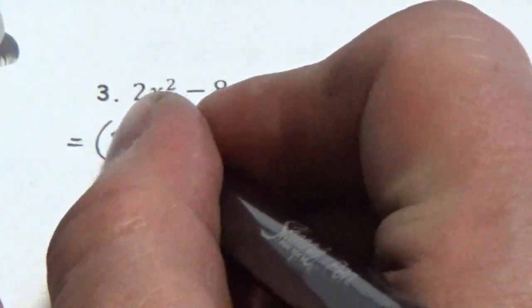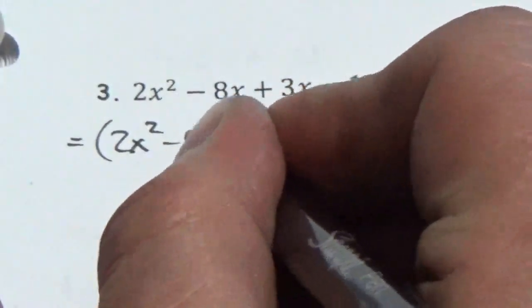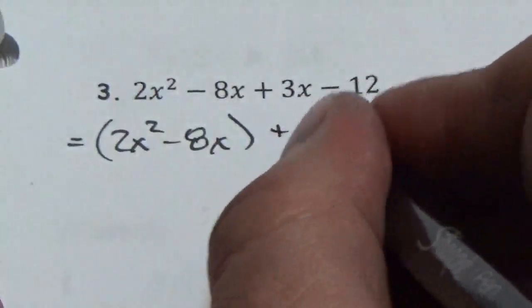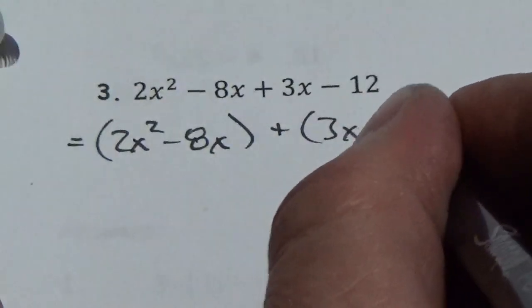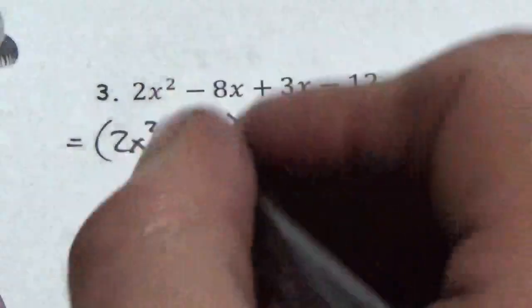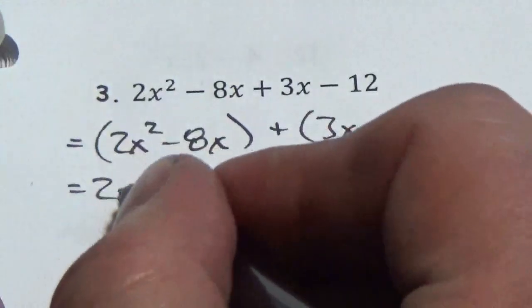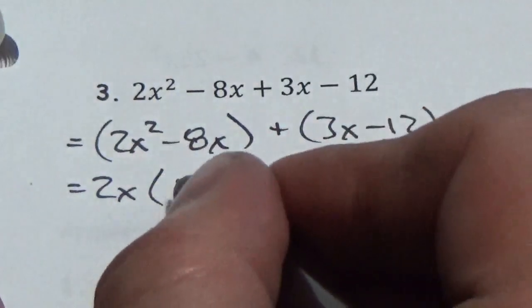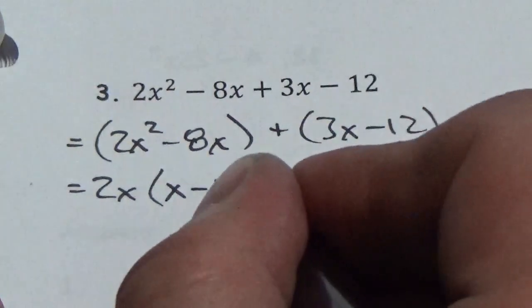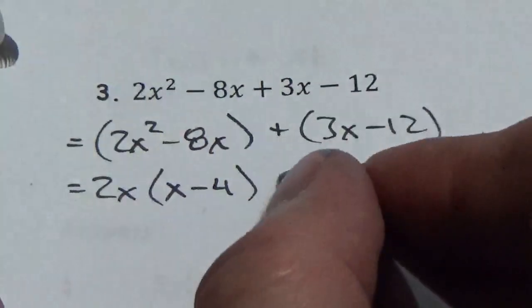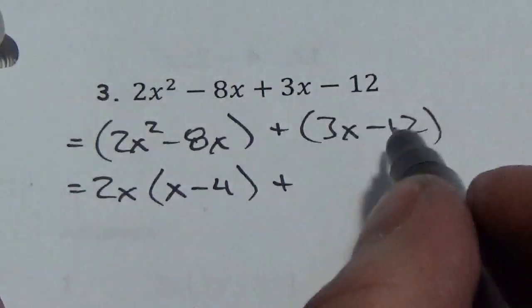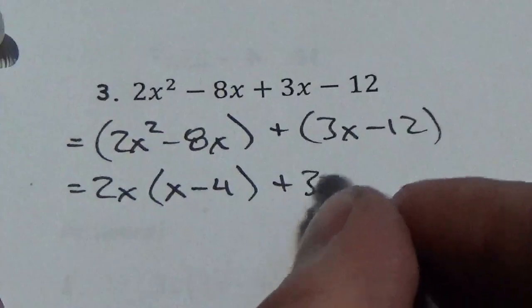You're going to see where having those two right there and separating them might be useful in the future. So what we're going to do is group together with parentheses the first two terms and then the last two terms. There is a common 2x to both of those, and that's going to leave me with an x minus 4 when I factor that out. And then there's a common factor of 3 to these two terms.